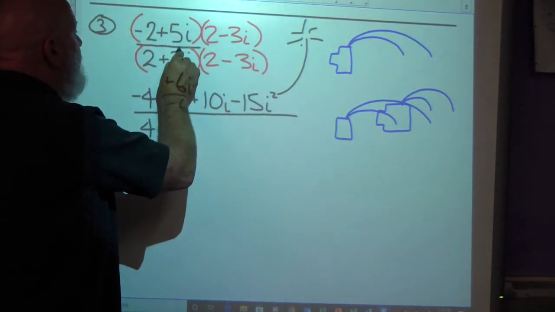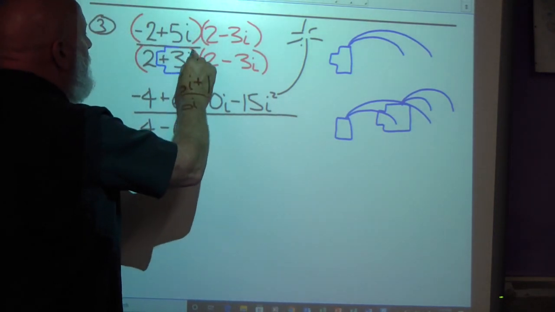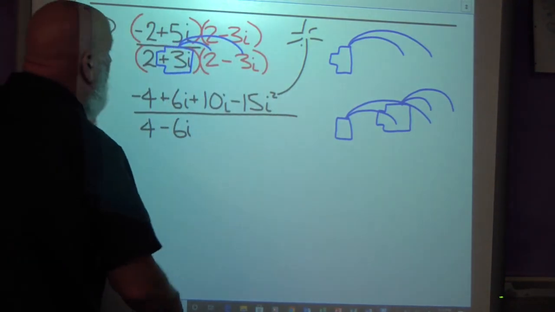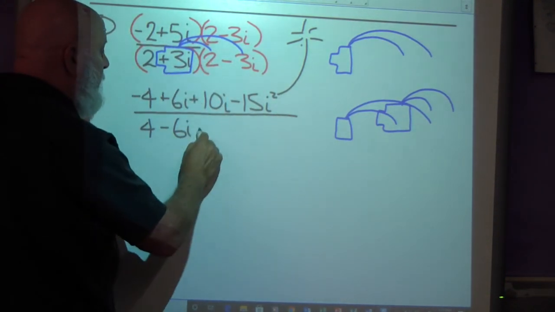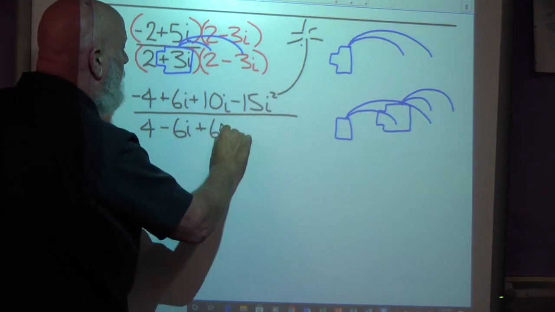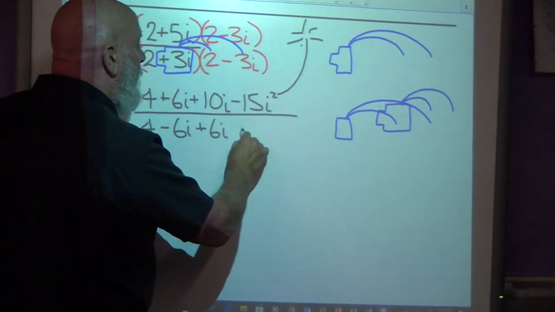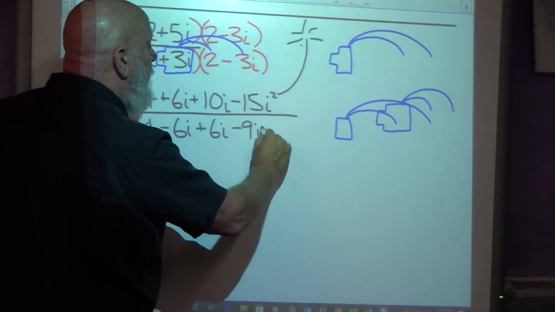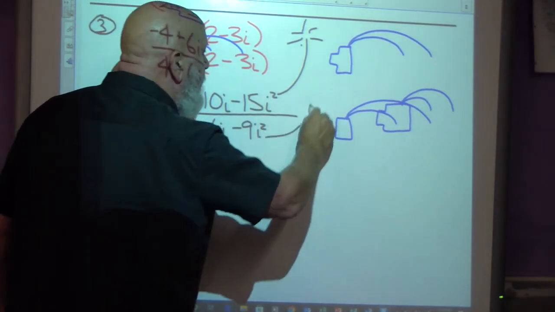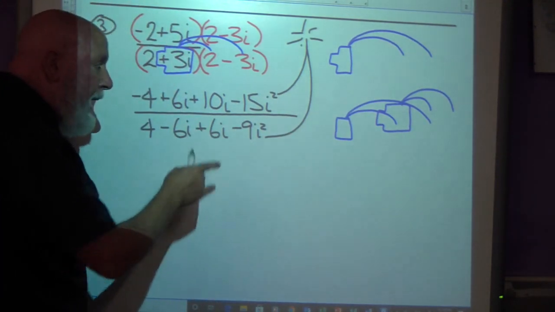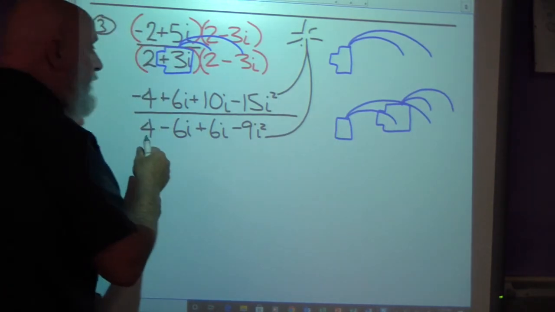I'm going to take positive 3i and distribute it throughout this quantity. And this will give me positive 6i, negative 9i squared. And again, i squared is negative 1, so that sets off a little flare. This is going to be negative 9 times negative 1. When I rewrite it, I'm going to call that positive 9.